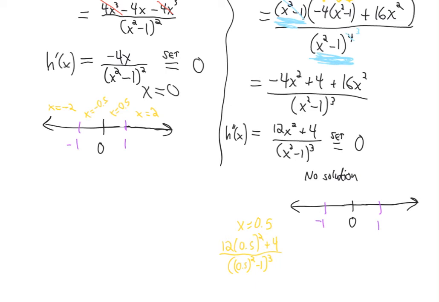Whenever we plug in a negative number, as long as it's not -1, any negative number we plug into this expression will give us a positive over a positive. Because whenever you square a real number, you're going to get a positive real number. So we know then that both parts here will be a positive first derivative.